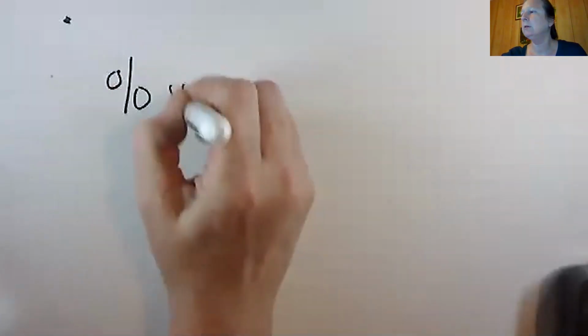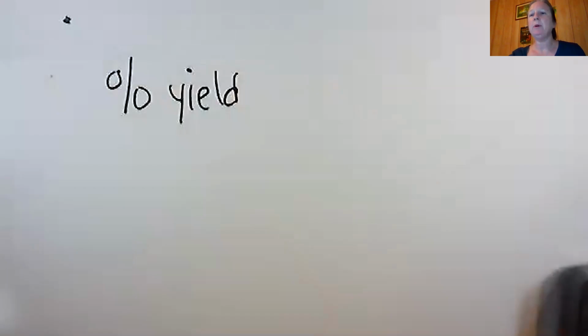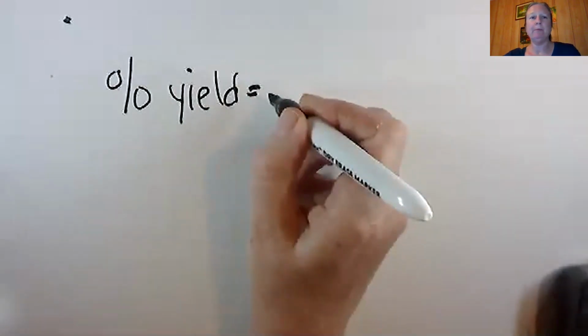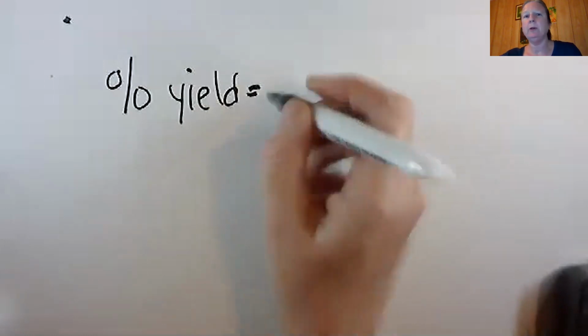Okay, so percent yield is how much of the calculated did you actually get. If you had 100% yield, then your actual equaled your calculated or theoretical.